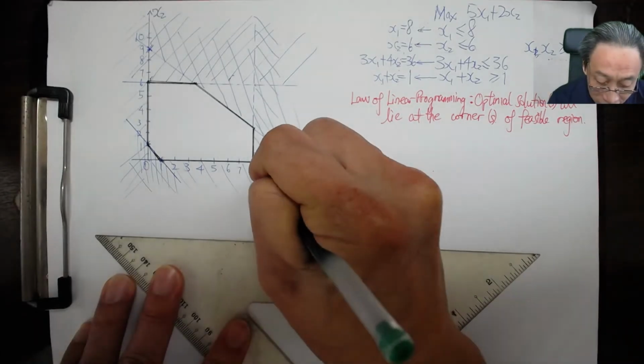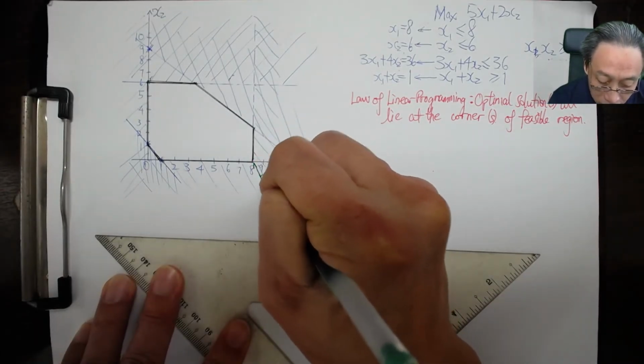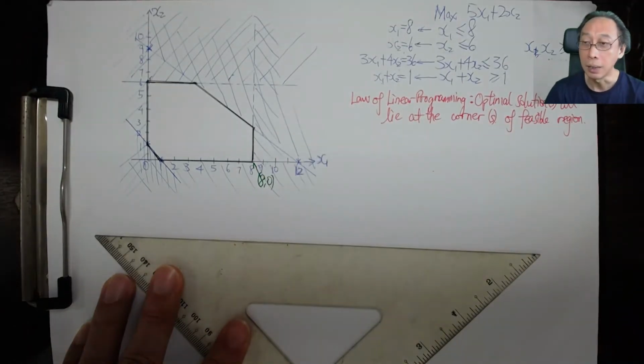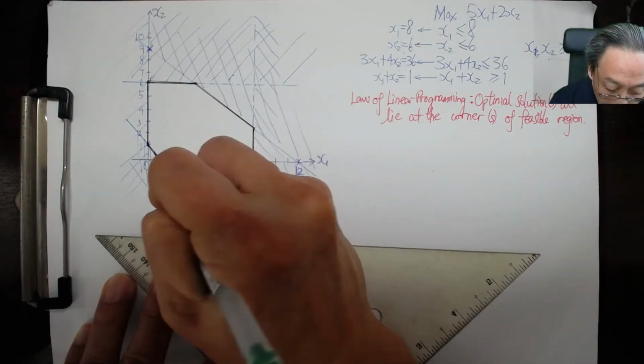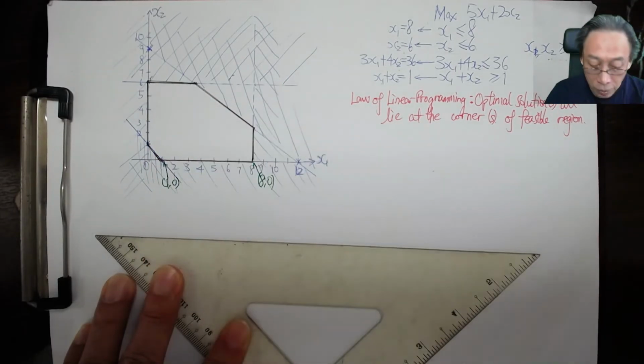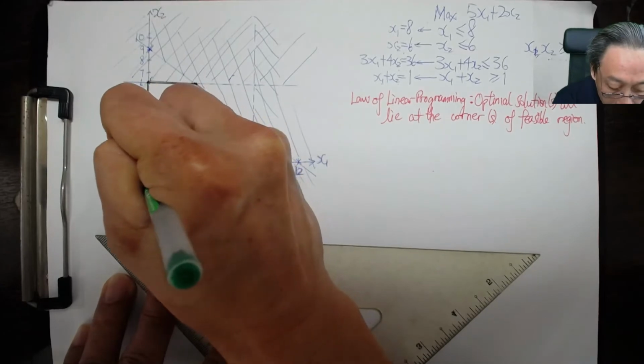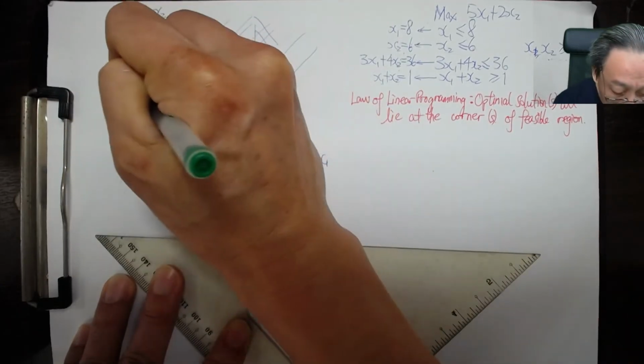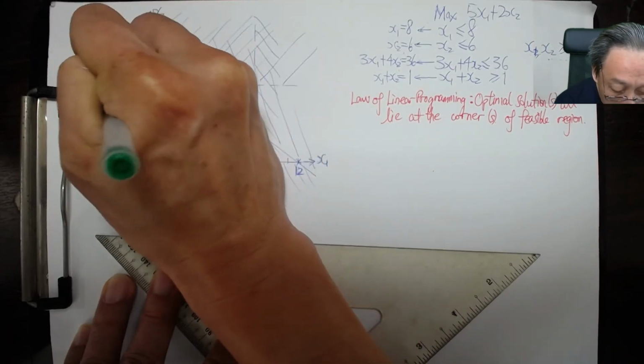We know that this is already 8, 0. And we also know that this is 1, 0 by construction. We know that this is also by construction 0, 1. So these are the easier ones. This is by construction 0, 6.